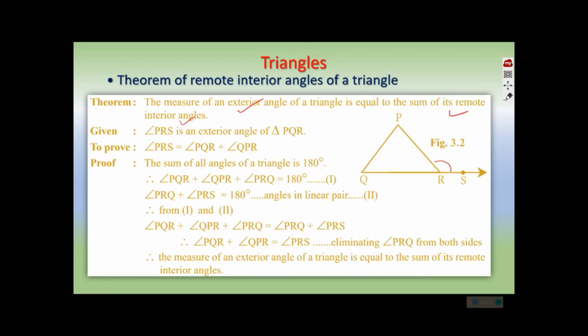Here this one is taken as exterior angle, marked as angle PRS, of the triangle PQR. Then the remote interior angles would be QPR and PQR. If you add those two angles, PQR and QPR, that will be equal to PRS.